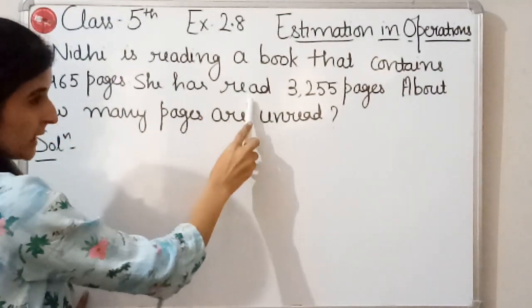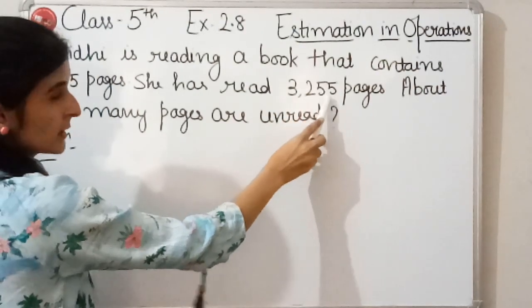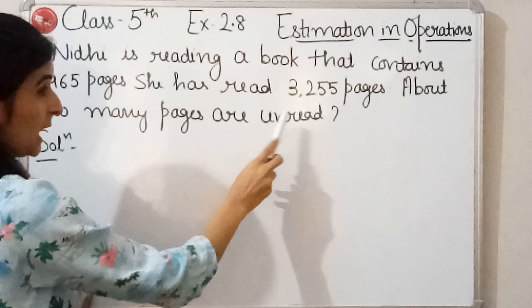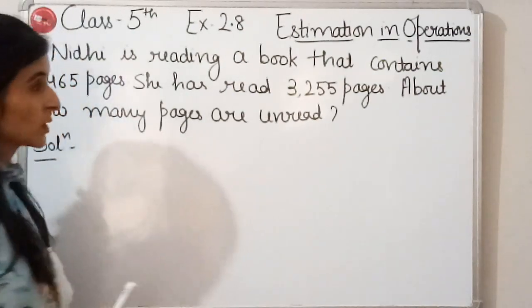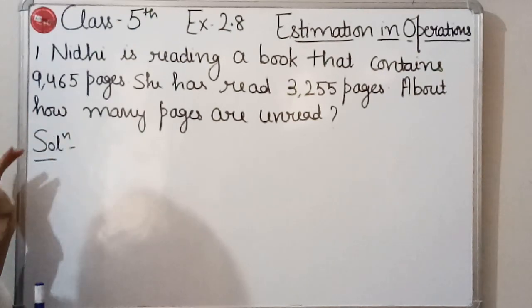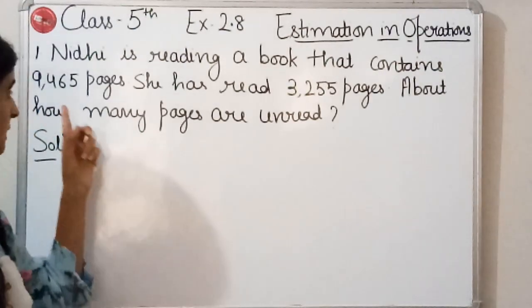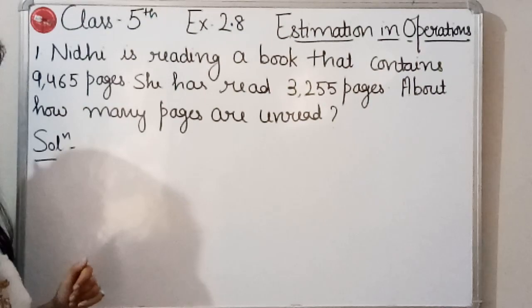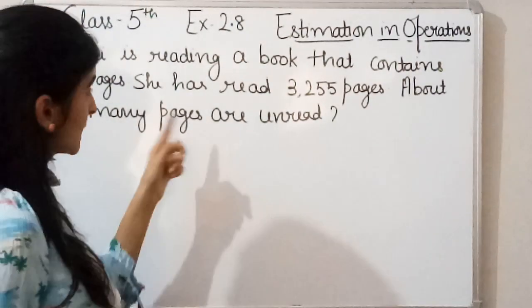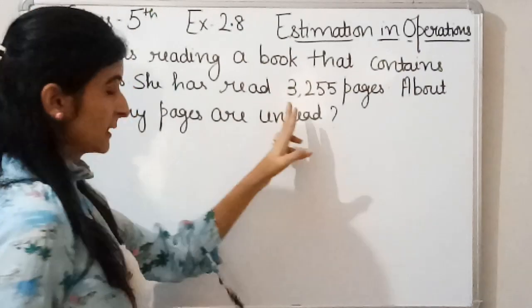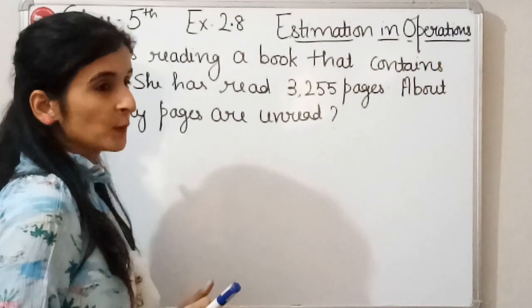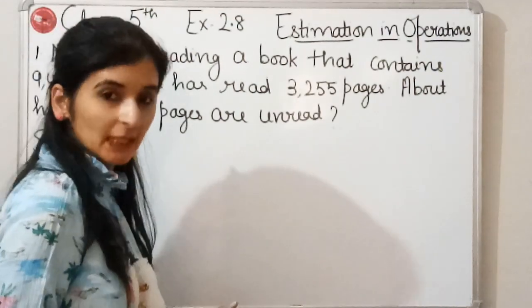She has read 3,255 pages. About how many pages are unread? So children, we have given the total number of pages in the book, that is 9,465. Then we have given the number of pages read by Nidhi, that is 3,255. It means we have to find out the number of pages left.